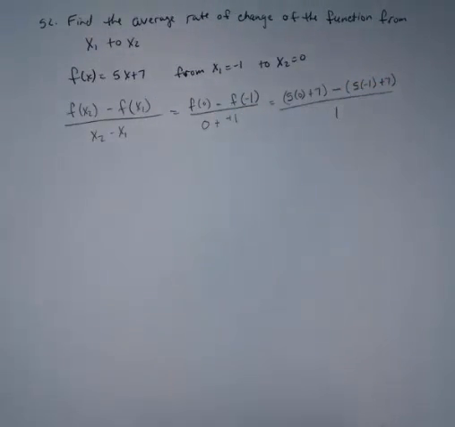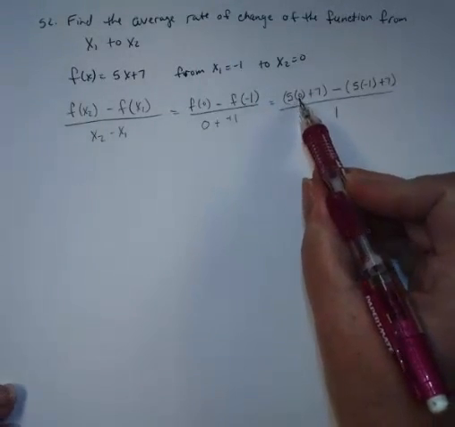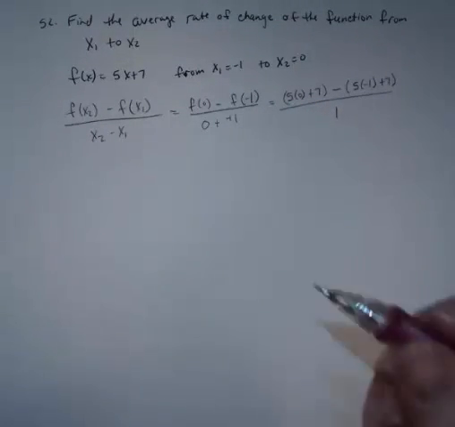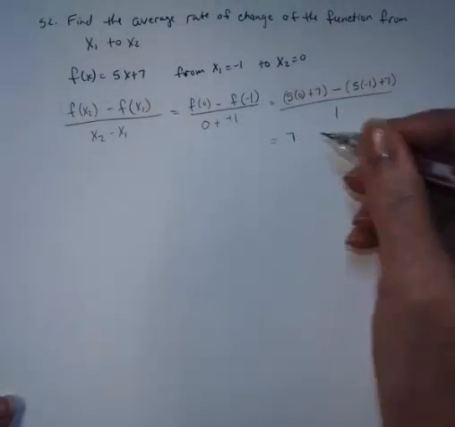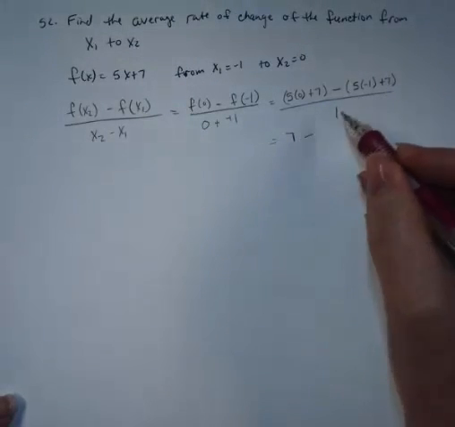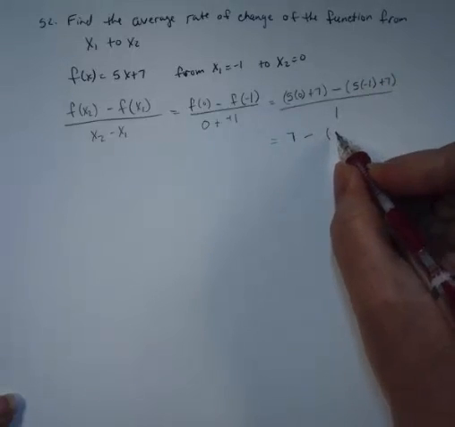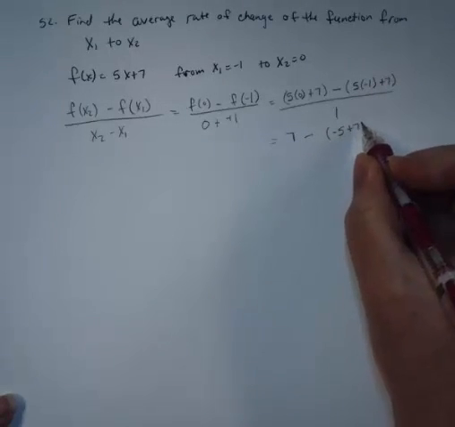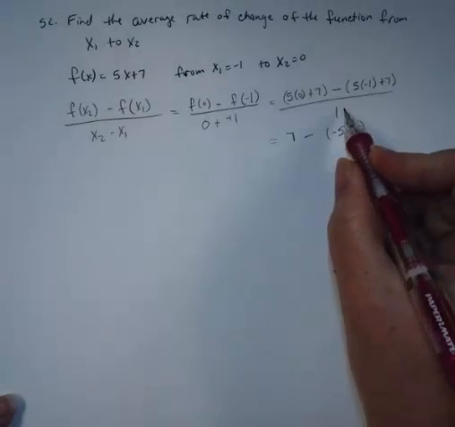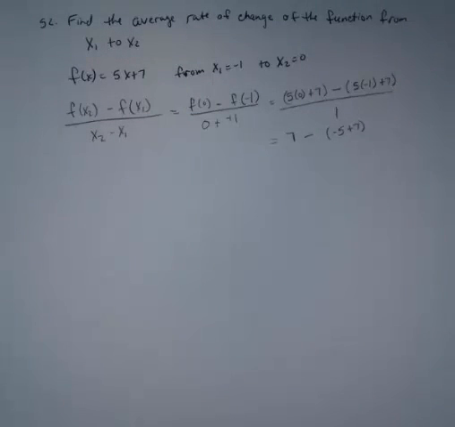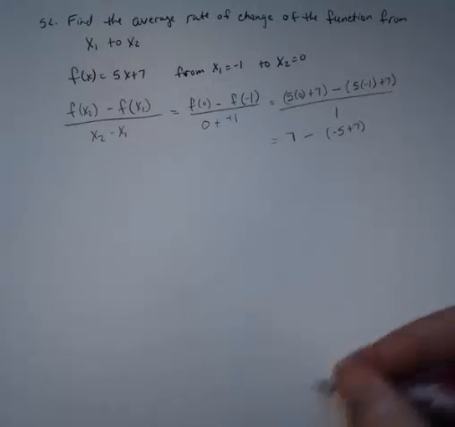We need to simplify it down a little bit more. So 5 times 0 is 0 plus 7 will get us 7. Minus 5 times negative 1 is going to get us negative 5 plus 7. Now it's over 1, so we really don't need to put that because it's not going to change anything.